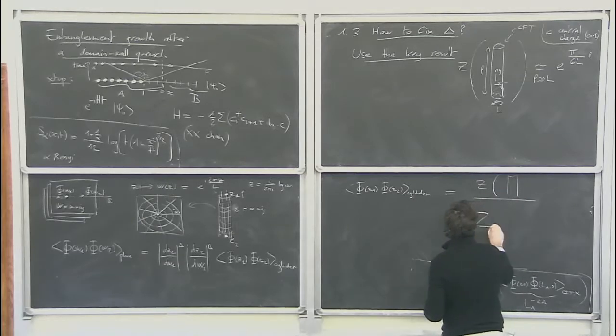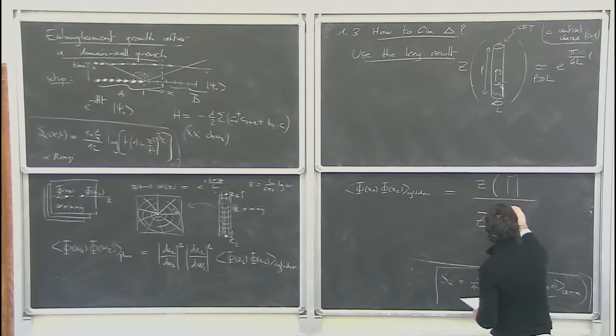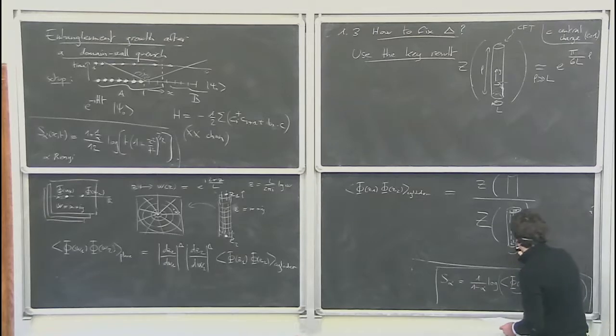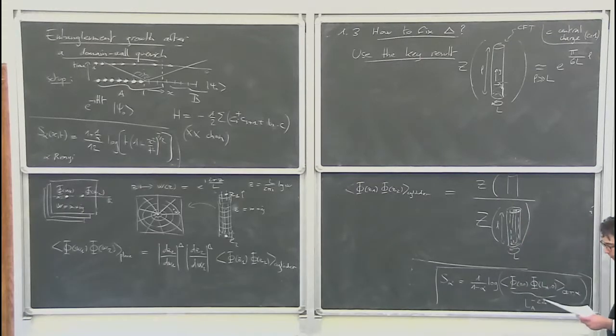Let me write the denominator first. So this is the cylinder replicated alpha times. There are alpha cylinders here, one inside another, if you want, and they all have the same circumference L and the same length L.